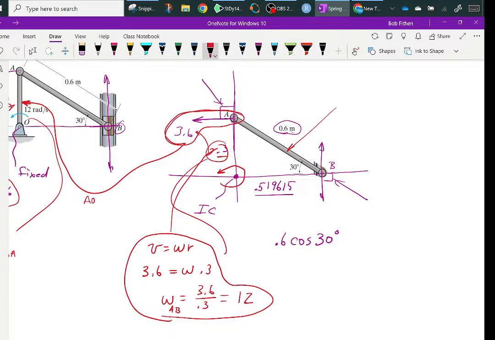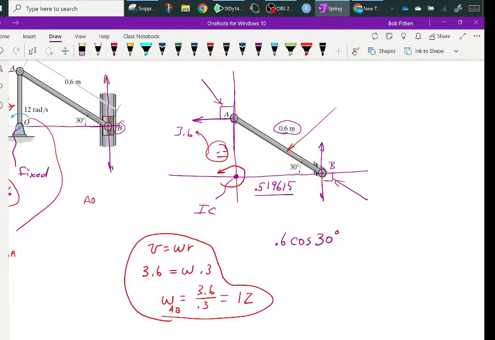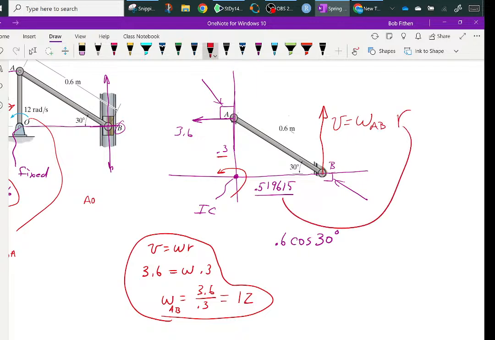So if this object right here appears to be rotating about, let me get all this junk off here. Whoops. If it appears to be rotating that way, then I'm pretty much assured that this point up here, being a little further out, is moving that way, and its velocity is equal to omega AB times the R that sits right here. Sometimes in the book he'll say something like B instant center.